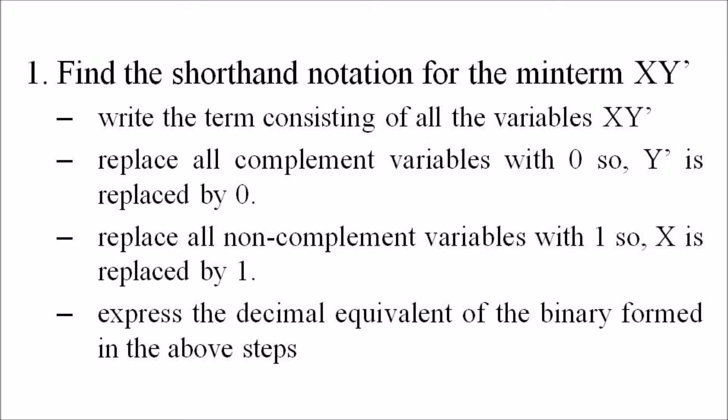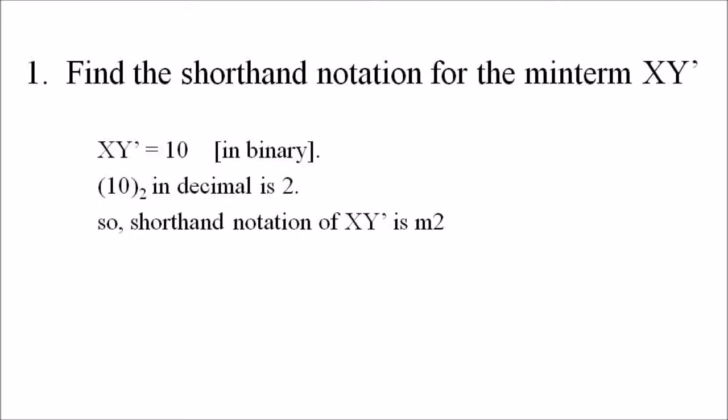Finally, express the decimal equivalent of the binary formed. So x dot y complement is equal to 1 0 in binary representation, which is equivalent to the decimal number 2. Therefore, the shorthand notation of x dot y dash is m suffix 2, or m2.